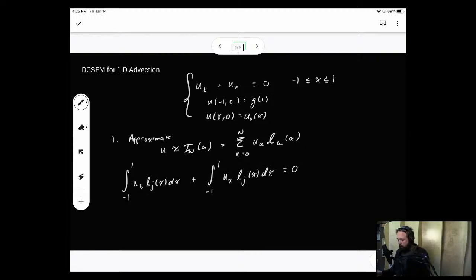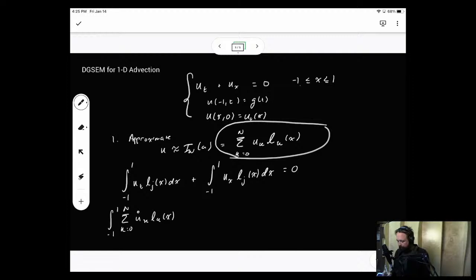If I were to plug in for u the interpolant, let's look at the first term. What I get is the integral from -1 to 1 of the sum over k equals 0 to n of u_k, with an over dot for that time derivative, l_k of x l_j of x dx. So that's the first two approximations.